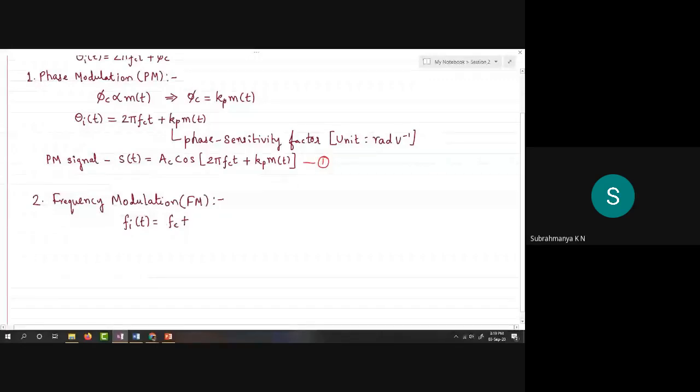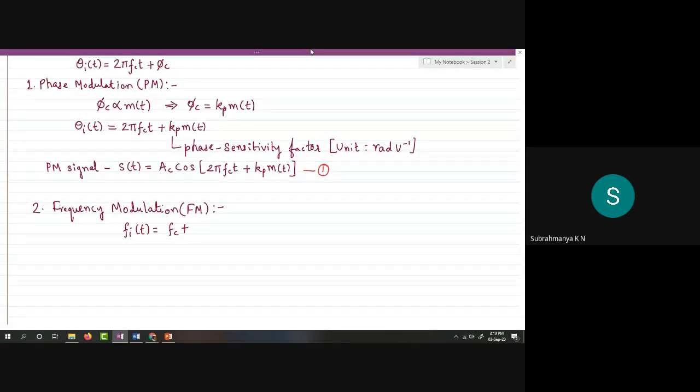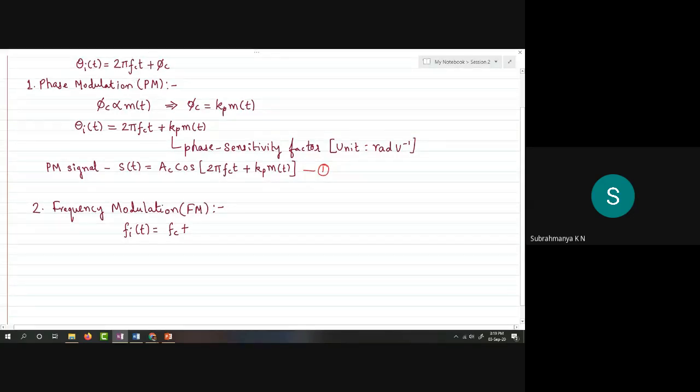Now, the frequency which gets added to this should be proportional to the message signal or the information bearing signal. Similar to phase modulation, where the instantaneous angle was varied with respect to a message signal, where 2 pi fct was the phase of the unmodulated carrier.